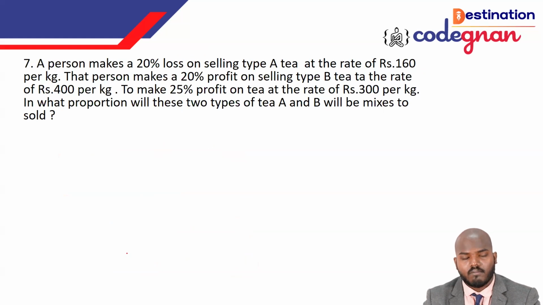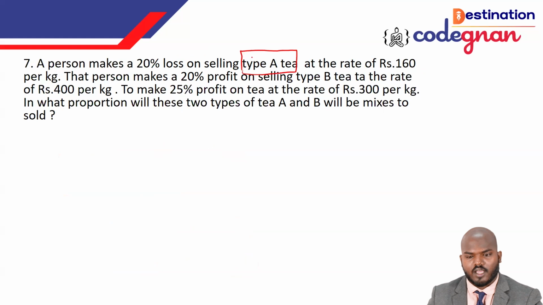Okay, so a person makes 20% loss on selling a type A tea, at a rate of 160 rupees per kg. The person makes 20% profit on selling a type B tea at the rate of 400 rupees per kg.